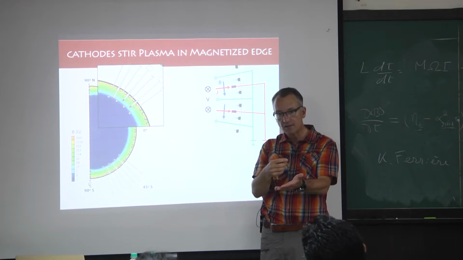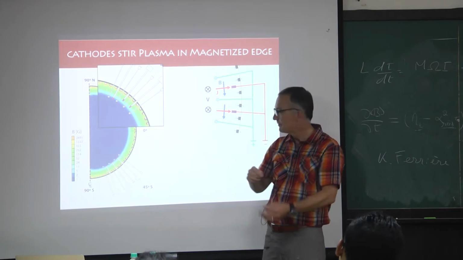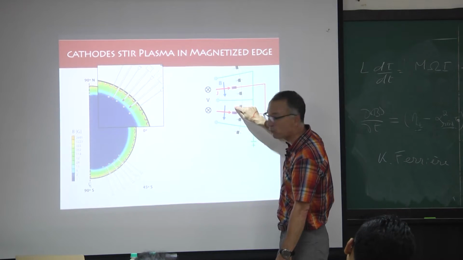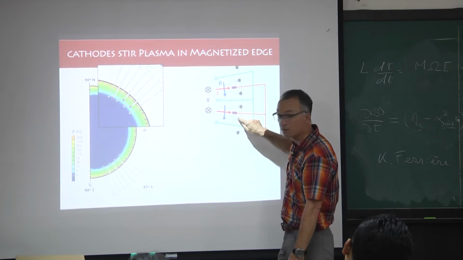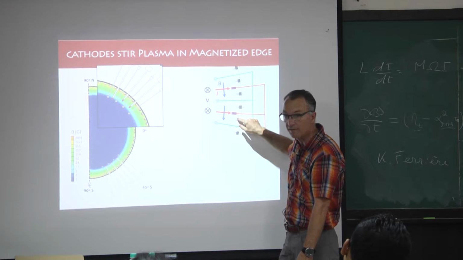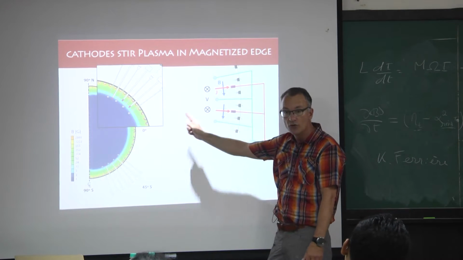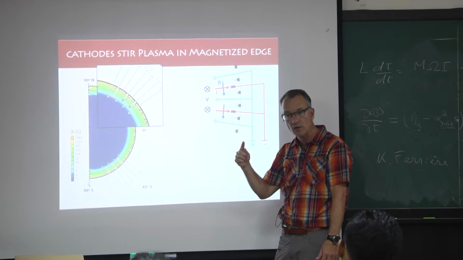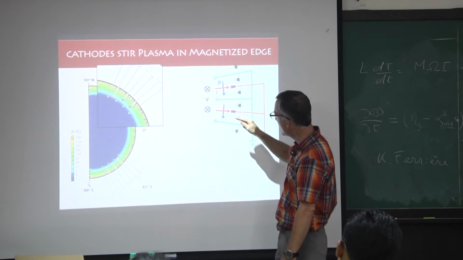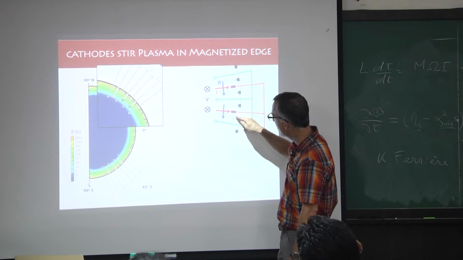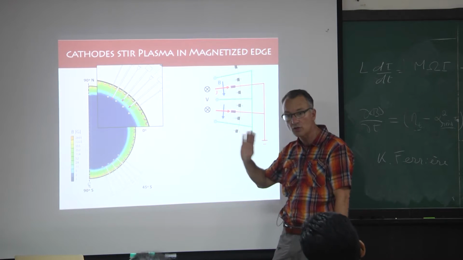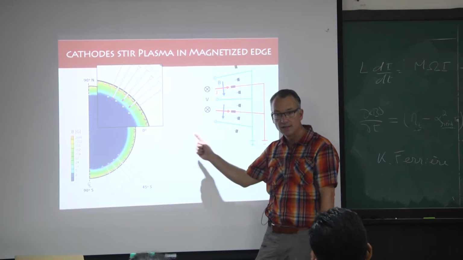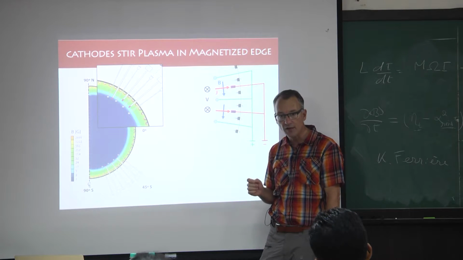And that drift ends up meaning we have the same thing here. The particles bounce back and forth along these points here. They're reflected at this point by the very strong magnetic field. But they also drift in the azimuthal direction so that they symmetrize the plasma very quickly in that direction. We inject current in, it fills up this field line, but then the particles drift in the east-west direction and very quickly symmetrize the flow in that direction.